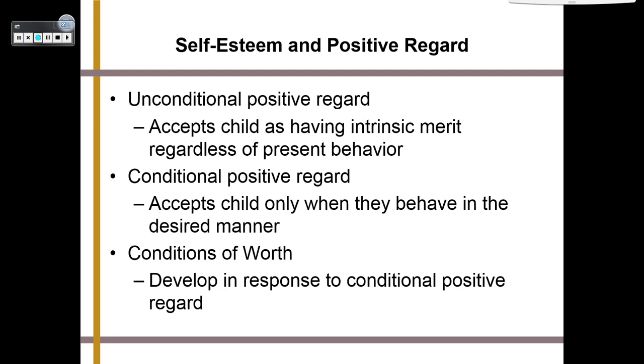So if your condition of worth is that you should have a small waist, then if they get fat, they're no longer a person. If your condition is that you don't believe that homosexuality should be practiced, then if this child of yours tells you they're gay, they're going to believe that they aren't worth any value. So these are some real negative consequences that can occur as a result of these conditions of worth.